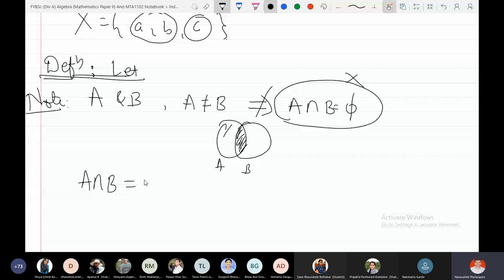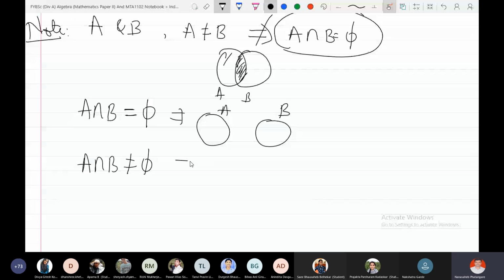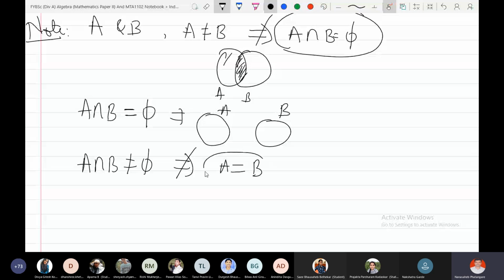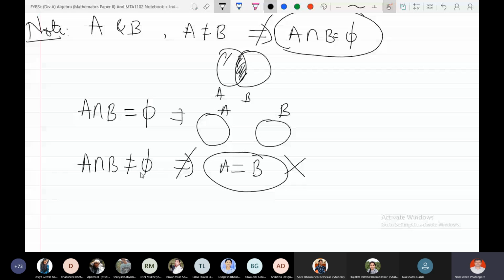Now A intersection B is non-empty does not imply that A is equal to B, right? For example, if you look at these two sets, the intersection is non-empty, but the sets are not equal.